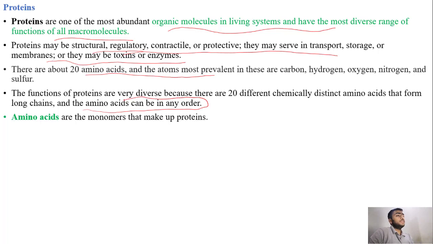This is very important because this number is enough to impart variety, or difference, in protein structures, because essentially it is the arrangement or linking up of different amino acids that gives rise to different structures, and structure is directly related to the functioning of a protein.